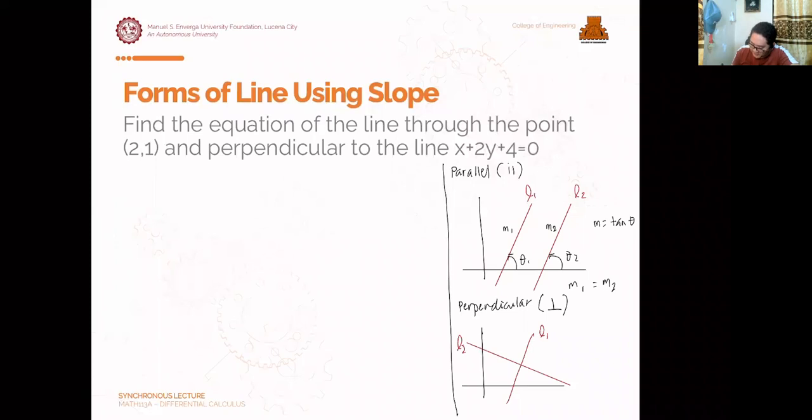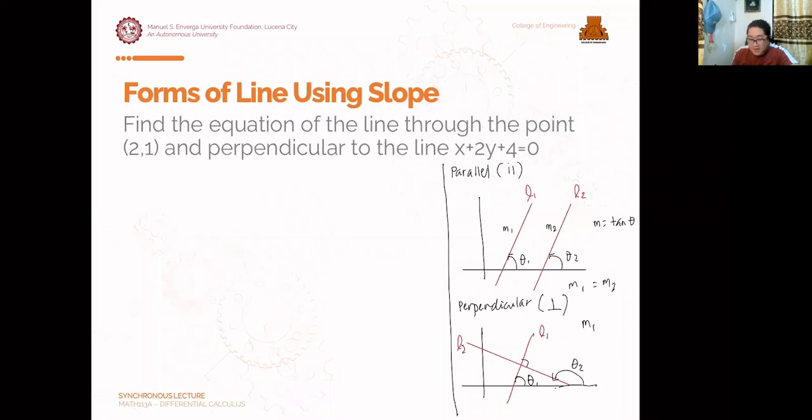Paano natin malalaman kung perpendicular? Syempre ito, meron siyang sariling value ulit ng theta. Ito yung theta 1. Si theta 2, ito, no? Malalaman mo kung perpendicular siya kapag si m1, yung value ng slope nung line 1, or kapag halimbawa kinuha mo yung negative reciprocal nung m1.